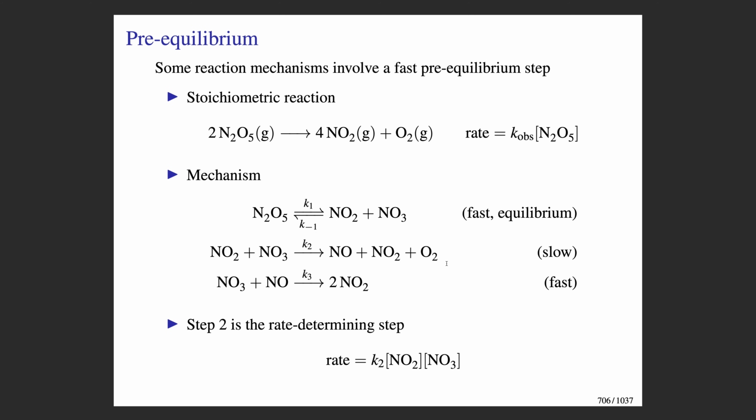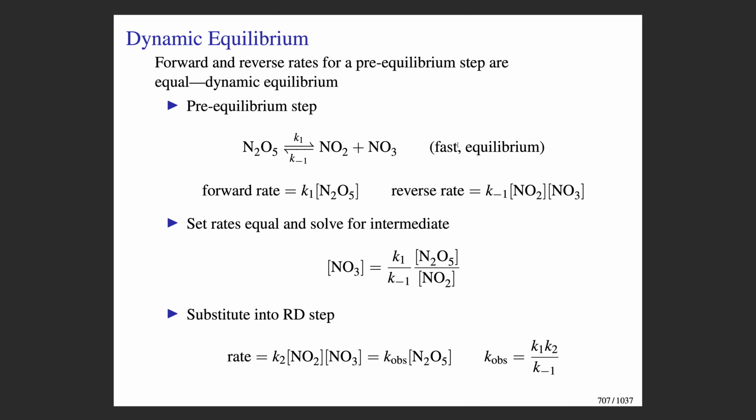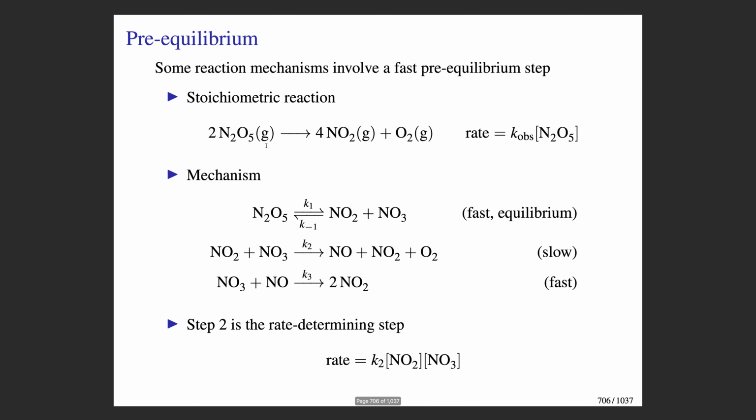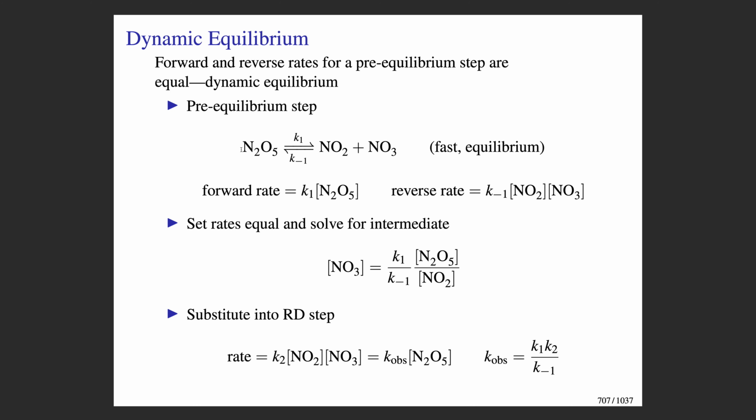So the question is how do I take this rate determining rate law and convert it into the observed rate law? And so we exploit the pre-equilibrium part of the mechanism here. What an equilibrium means from a kinetics perspective is that the forward reaction rate equals the reverse reaction rate.